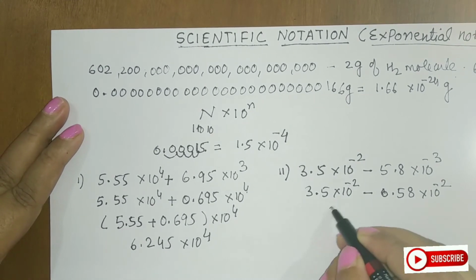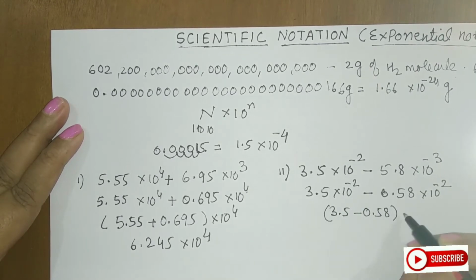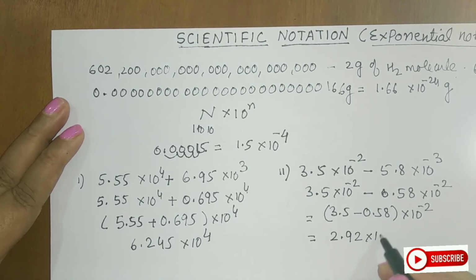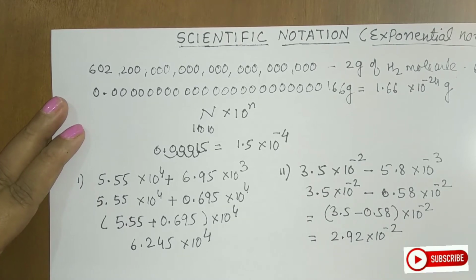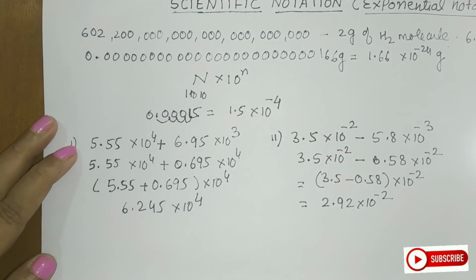Now it will be 3.5 minus 0.58 into 10 raised to minus 2, which comes to 2.92 into 10 raised to minus 2. So students, you have to equalize the powers before doing any calculation.